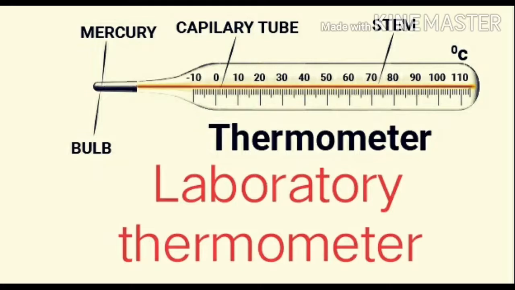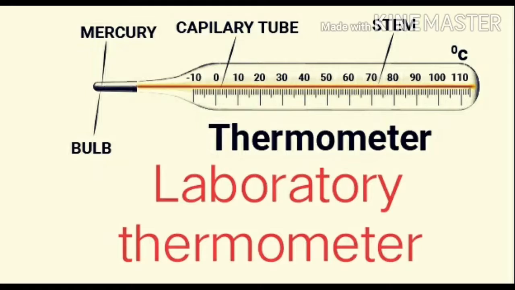There is no kink in the mercury column. A clinical thermometer has a kink in it, but laboratory thermometers have no kink. It can measure temperature from minus 10 degrees Celsius to 110 degrees Celsius and is accurate to 1 degree Celsius.